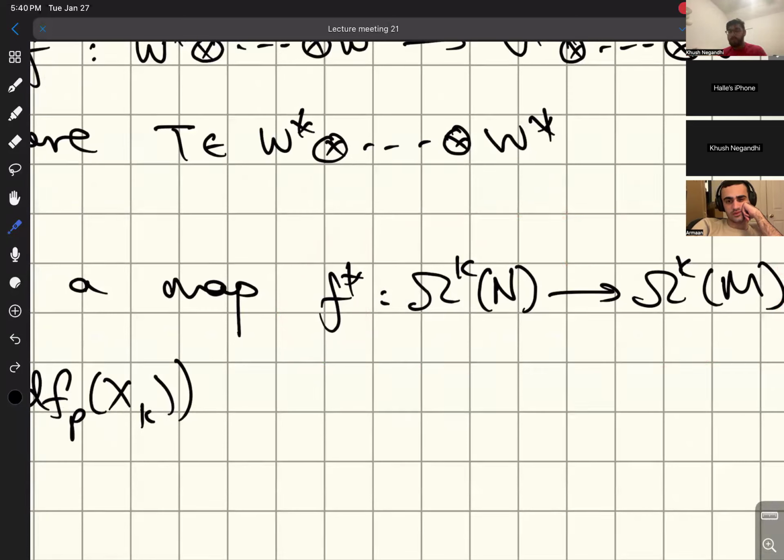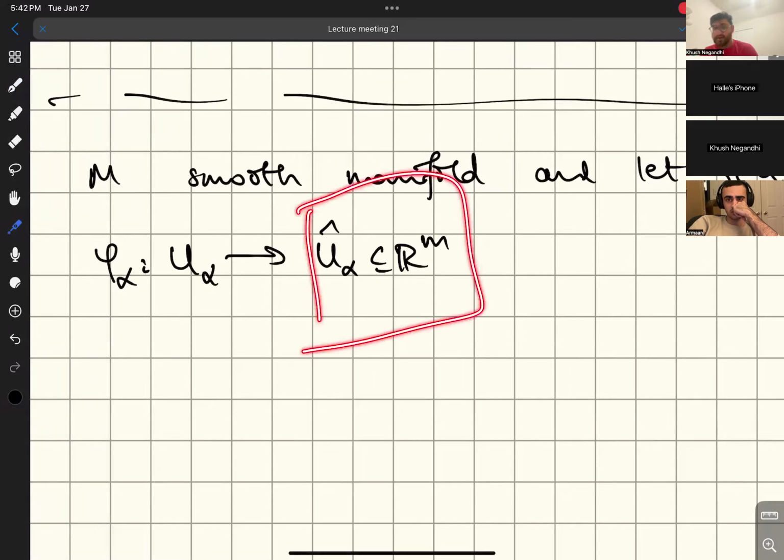It goes from U phi into some open subset of R^m. Now, the idea is I know how to integrate here, I know what integration is like here. So what I can do is consider the inverse.